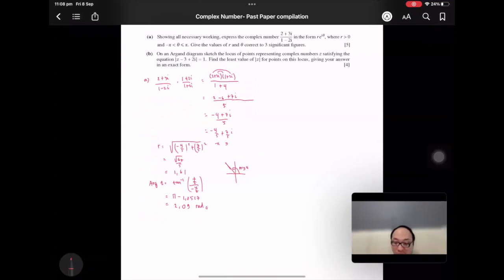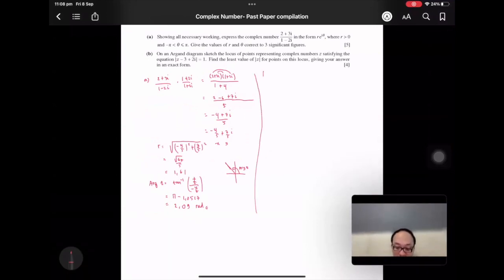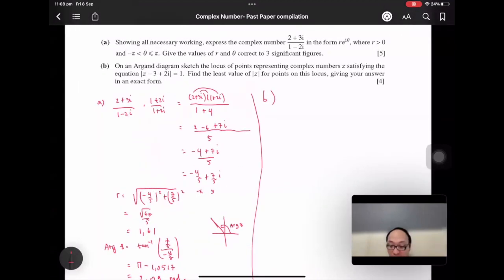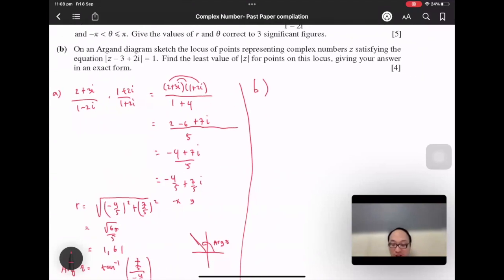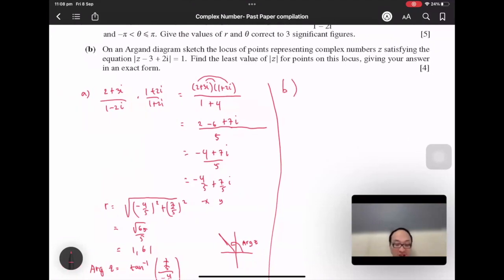For B, on the Argand diagram, sketch the locus of point representing complex number Z, satisfying the equation modulus of Z minus 3 plus 2i equals to 1. So Z minus negative 3 minus 2i equals to 1.